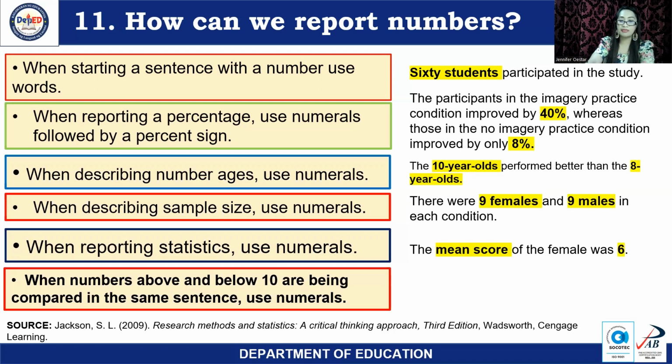When numbers above and below 10 are being compared in the same sentence, use numerals. Participants worked on either 5 to 10 logic problems. So here are some of the guidelines wherein you can opt to use numbers instead of words, okay?